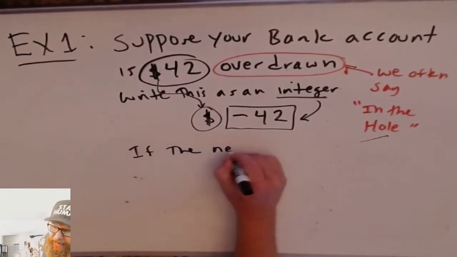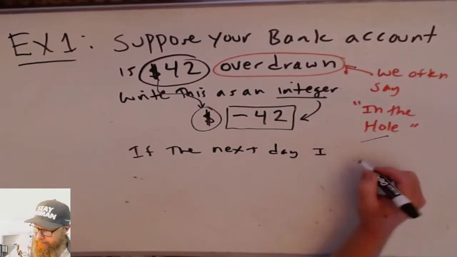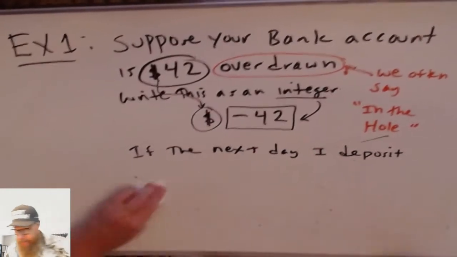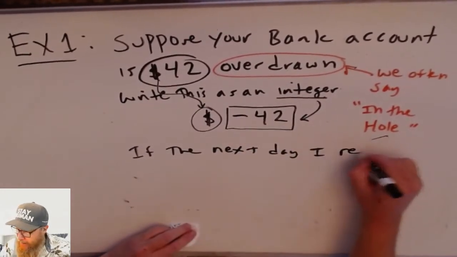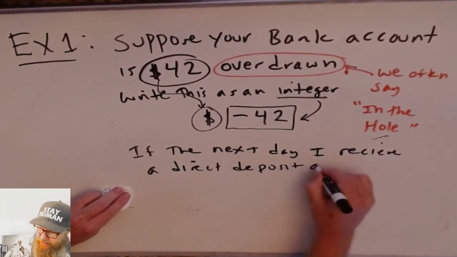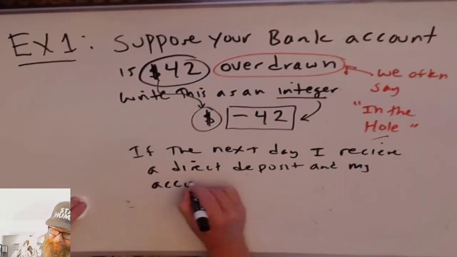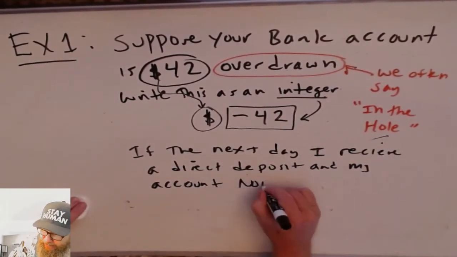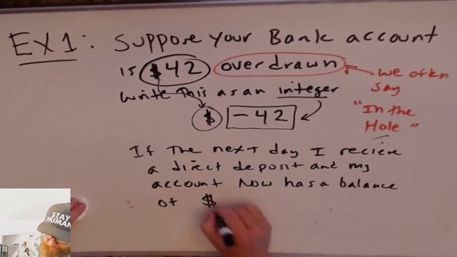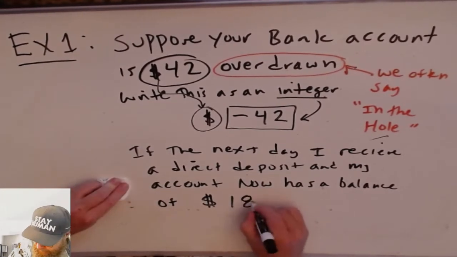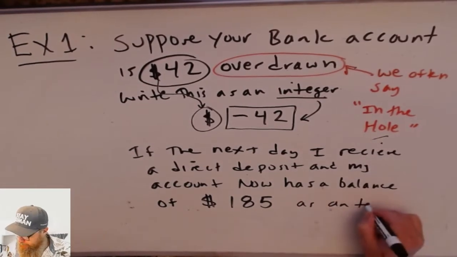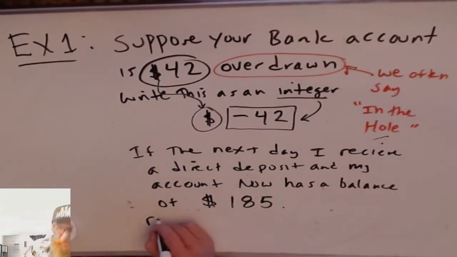If the next day I receive a direct deposit, and my account now has a balance of $185, represent this as an integer.